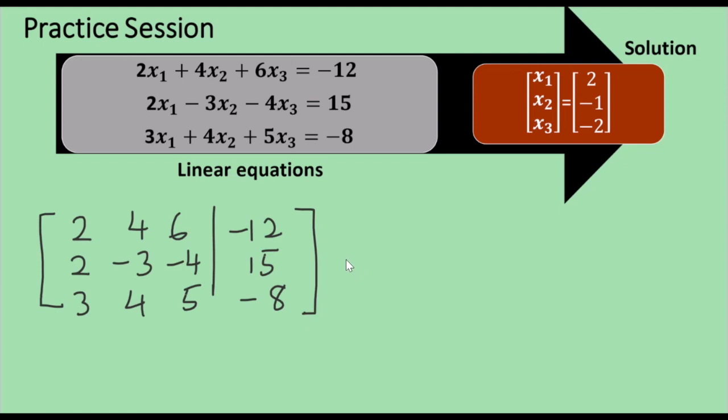Next, we would perform the row operation to reduce the augmented matrix into the row echelon form. So the first row stays the same.